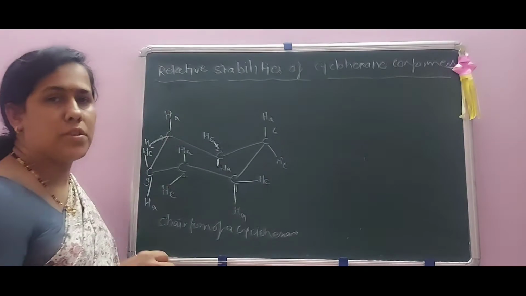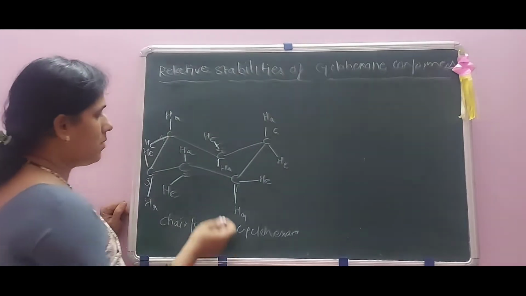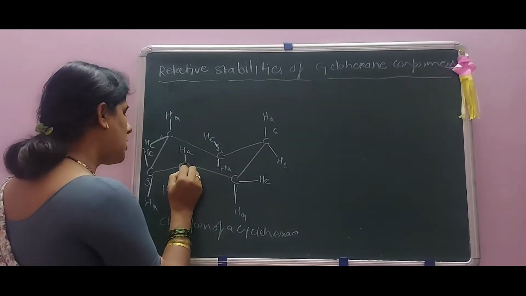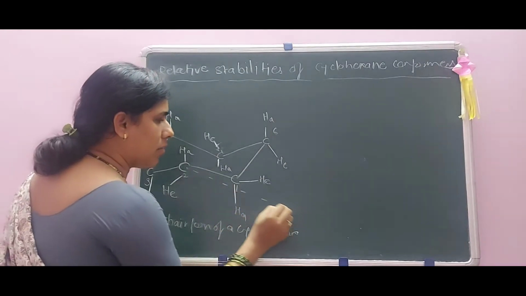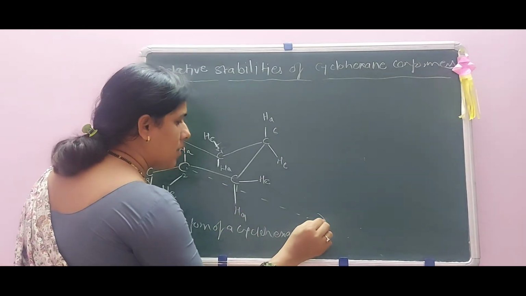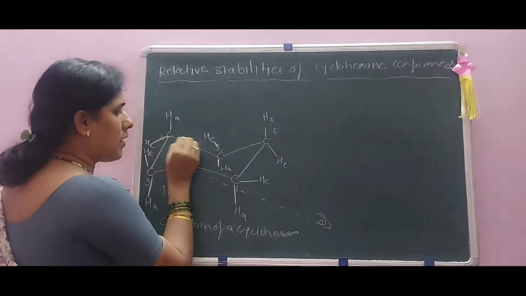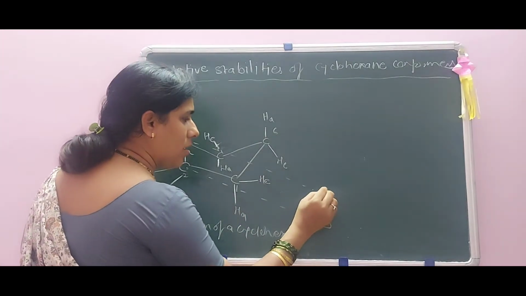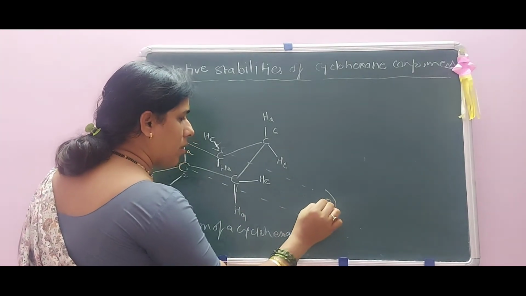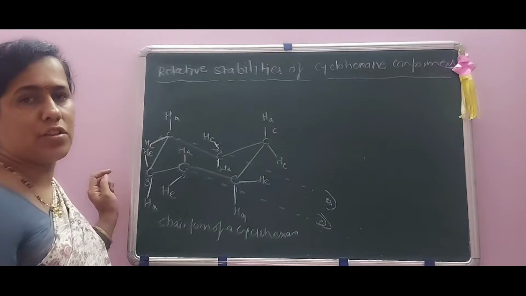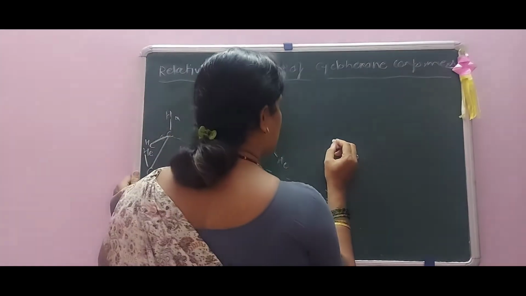Now, obstructing the carbon atoms, this carbon atom on this side and carbon number 4 here. What is the structure? See here, the structure is like that.